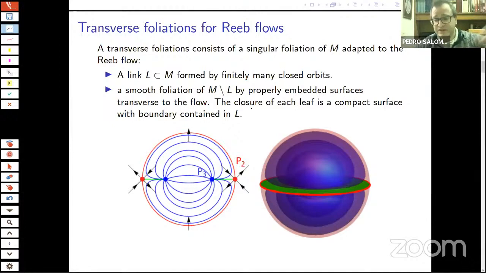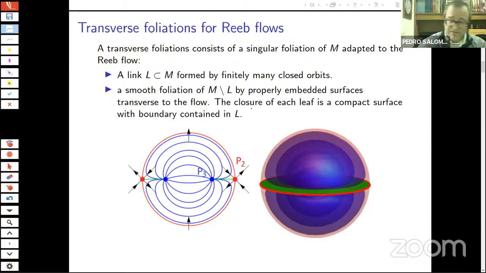The singular set of this foliation is formed by finitely many periodic orbits of the flow. In the complement of these periodic orbits, you have a foliation by surfaces. The surfaces are in fact punctured surfaces, and at each puncture, the surface converges to one of these periodic orbits of the singular set.